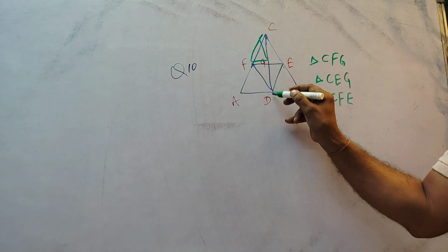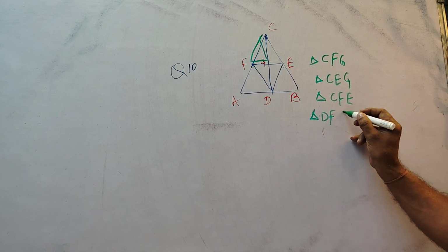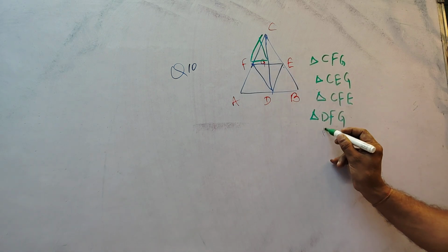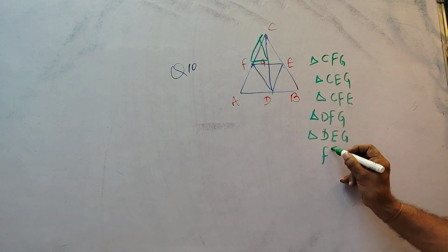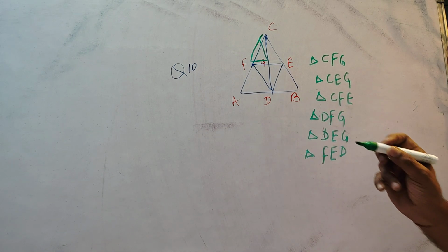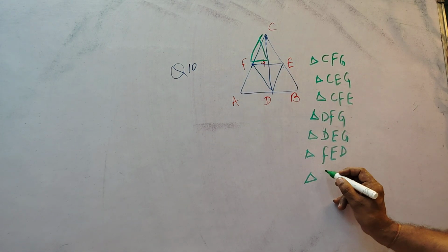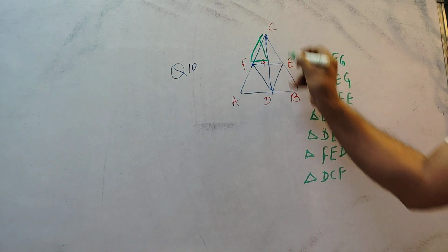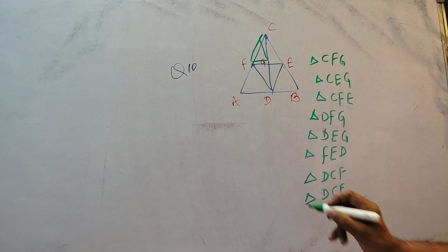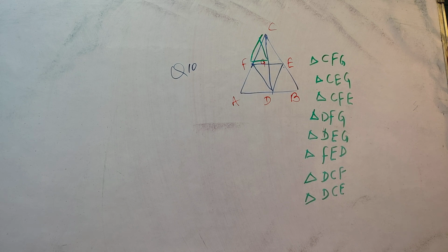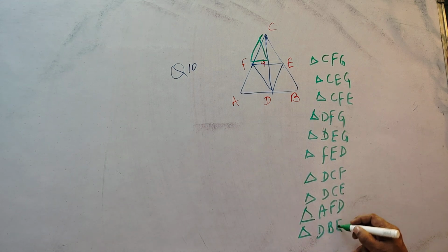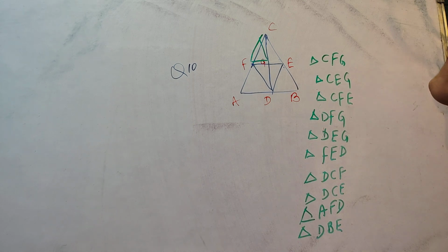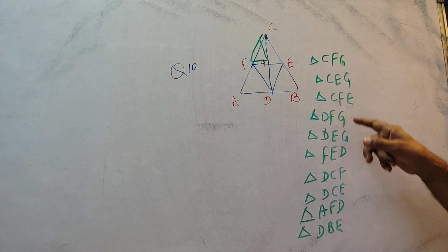Then on the bottom side, DFG, then DEG, then FED, and the bigger ones are DCF and on the other side DCE, and similarly AFD and DBE. So total 1 2 3 4 5 6 7 8 9 10.